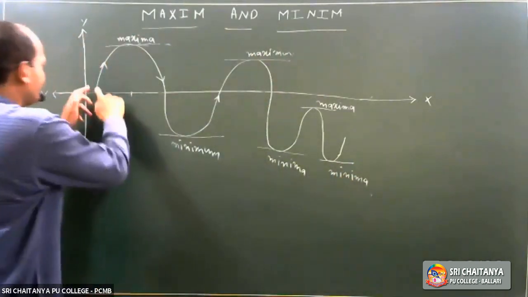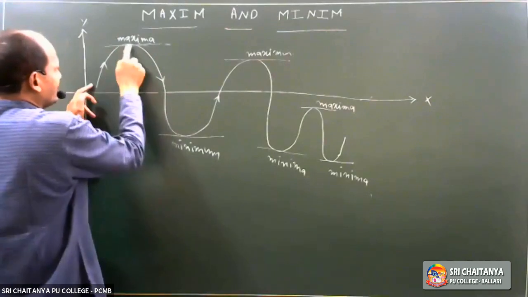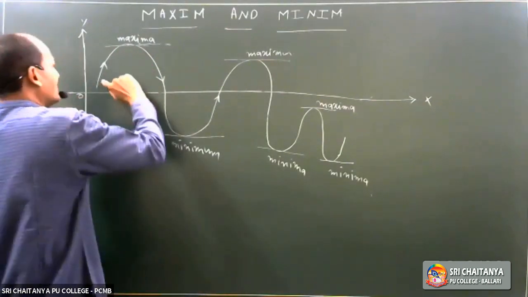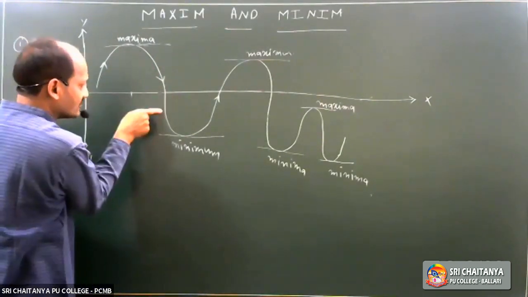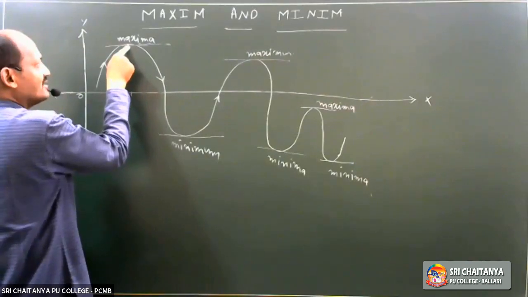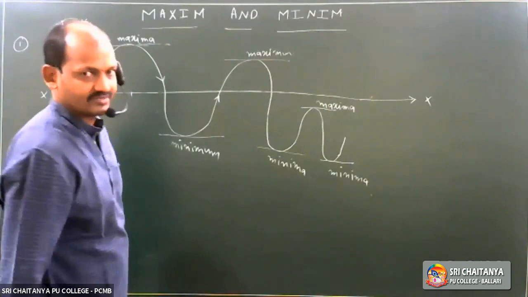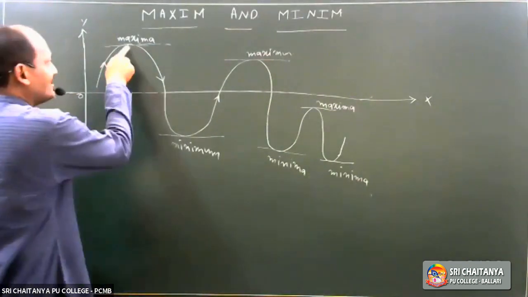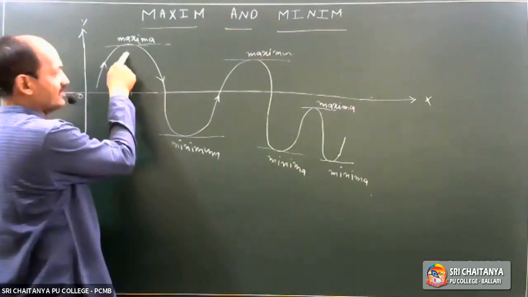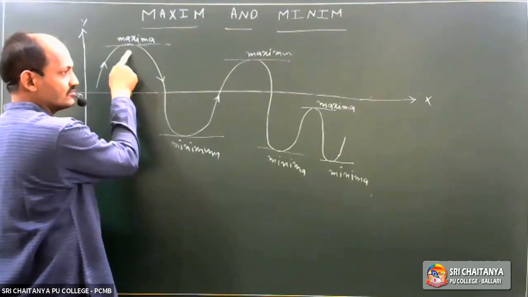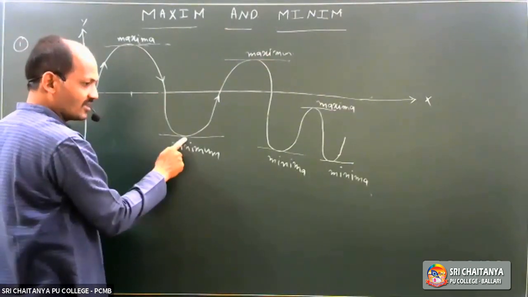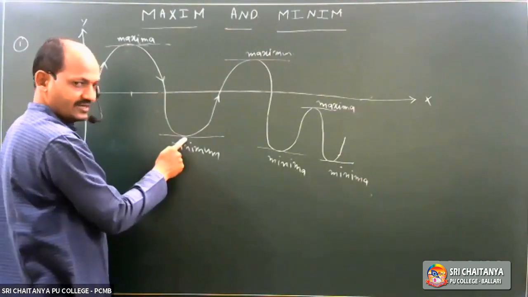This curve up to here is increasing, again decreasing. It is called an increasing function, and a decreasing function. At this point, it is called a turning point or stationary point. At that point it has a maximum value. Here it is also a turning point or stationary point.